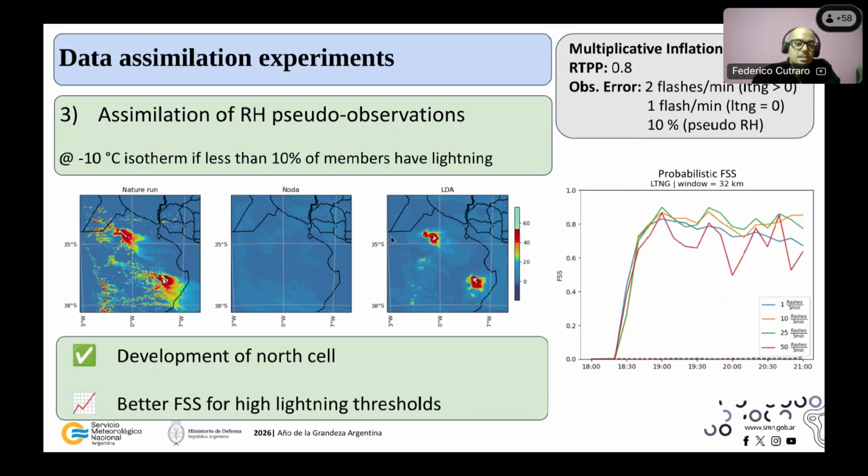Something interesting that I don't show is that in the first assimilation cycles, there's a lot of relative humidity observation assimilated, and with the development of the cells, this quantity reduced a lot, and there's a peak in the lightning observation assimilated.